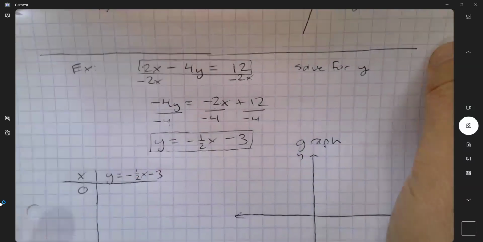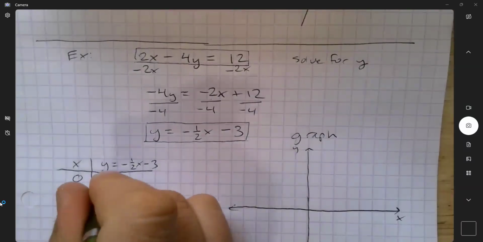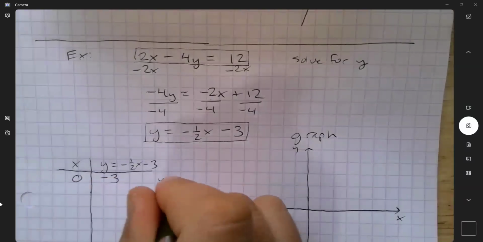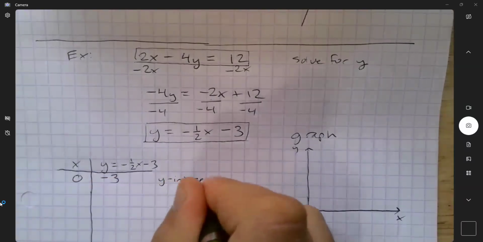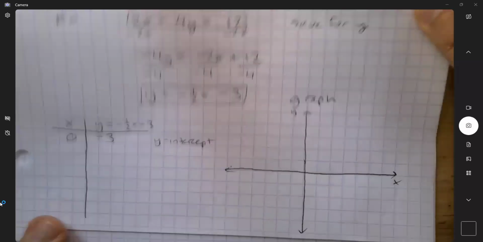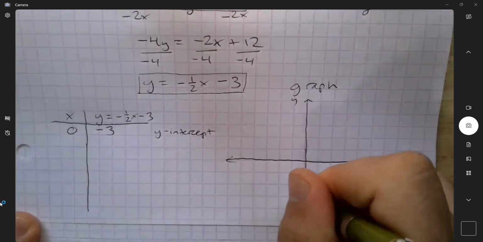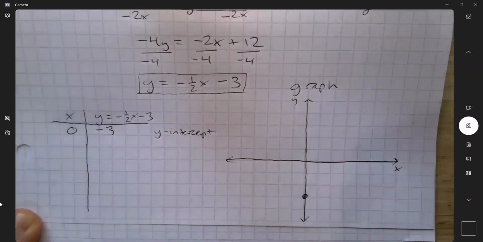And when x is 0, negative 1/2 x drops out and y is negative 3. There's my y-intercept. Always a good coordinate point to start with. So when x is 0, y is negative 3 right there.